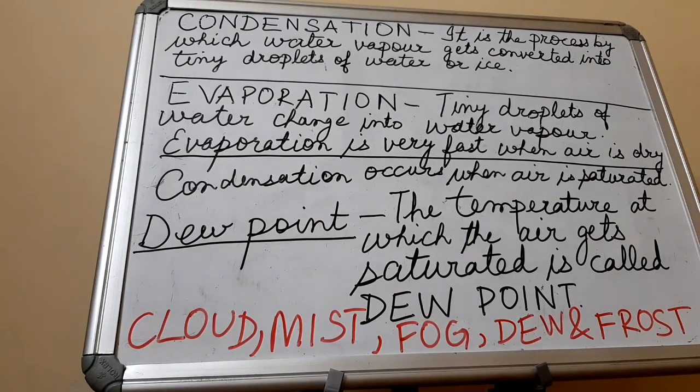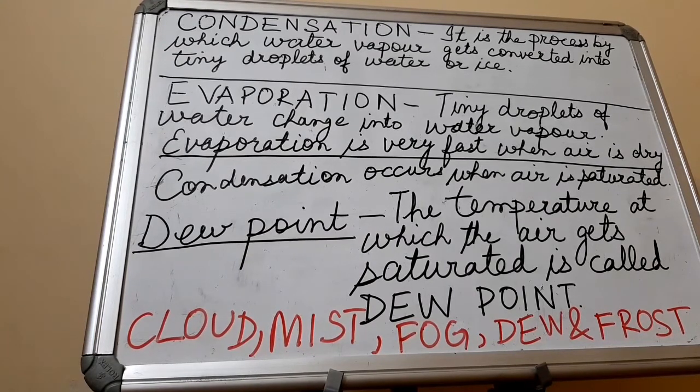So now I will explain these different forms of condensation, beginning with fog. Now, fog occurs at night, especially when air cools below its dew point near the Earth's surface. And the process of formation of mist is also the same. It also occurs due to cooling of air below its dew point near the Earth's surface.